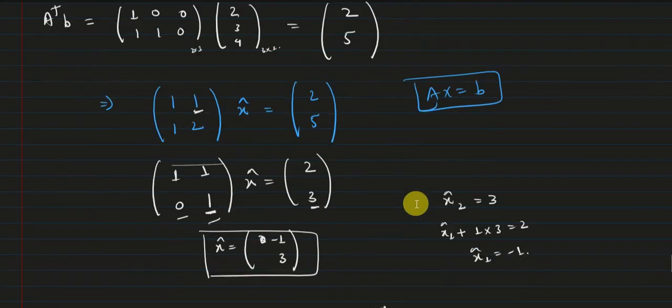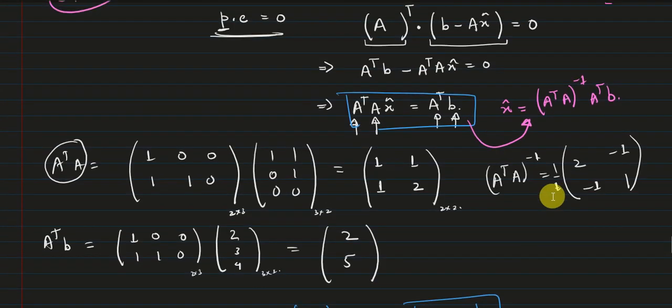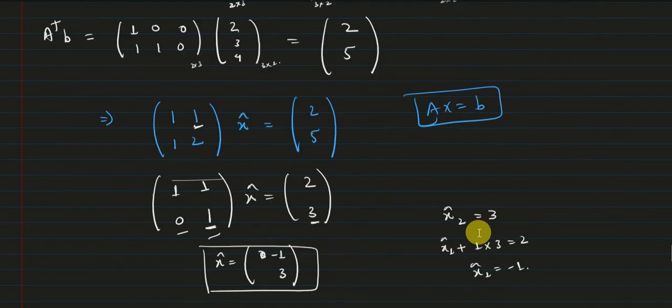Now what we have to do is find this projection matrix. So A is 1 0 0 and 1 1 0, and the A transpose A inverse we have found is 2 minus 1 minus 1 and 1.